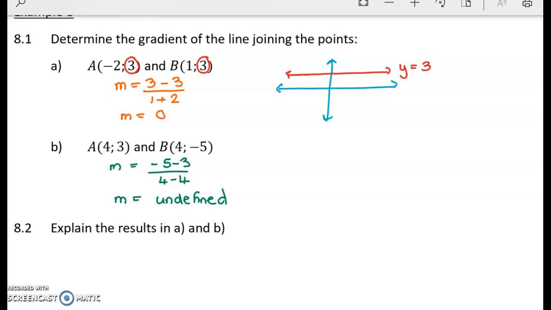Clearly y is remaining the same, which is why there's no change in y. So those 2 points A and B would lie, I mean, negative 2, 3, and B would line up there at 1, 3. But basically it's a horizontal line, and all horizontal lines have a gradient of 0. Now what's happening is that you are not changing the value of x.